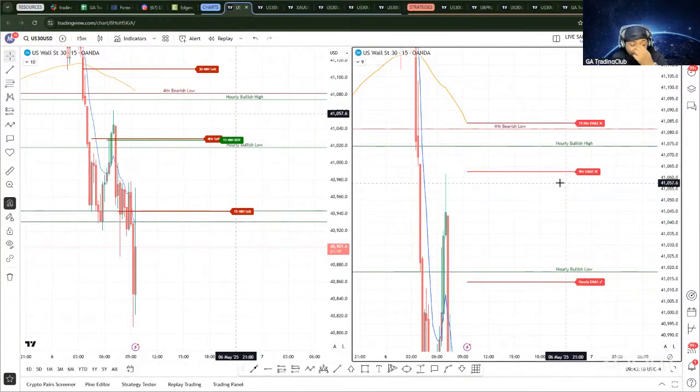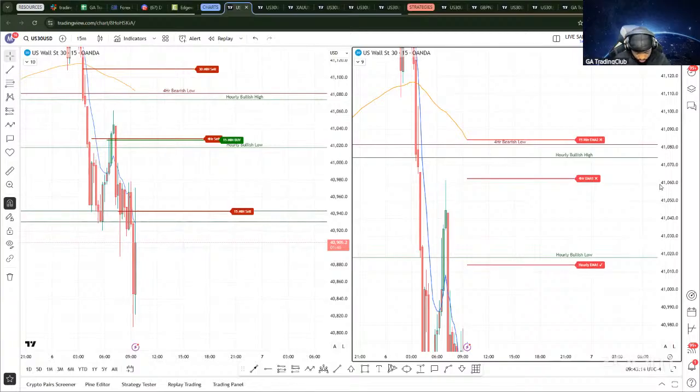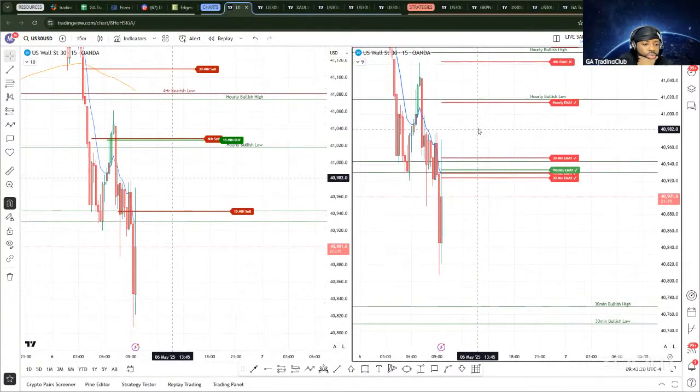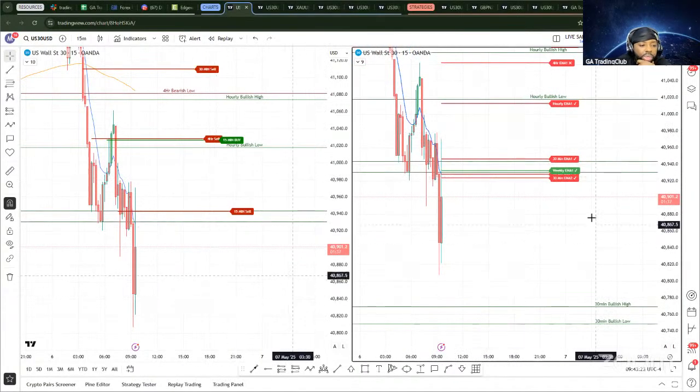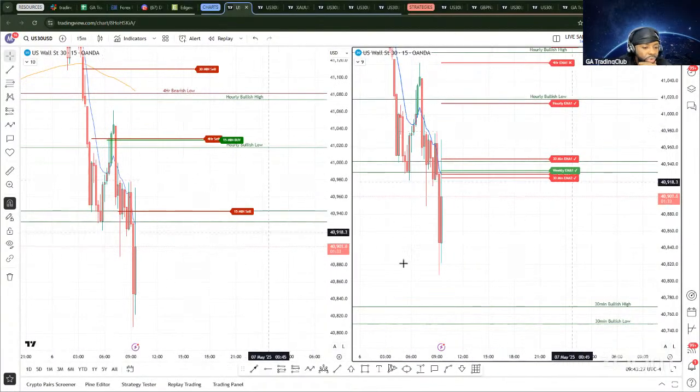So as it stands right now, I don't even see any entry for the EMAs, unless we maybe form another one somewhere here. But right now, I really do not see anything.